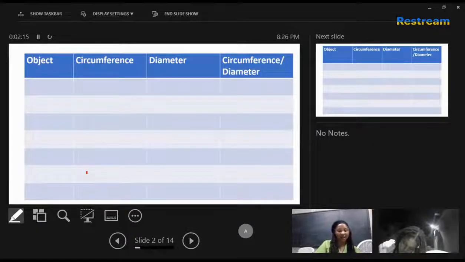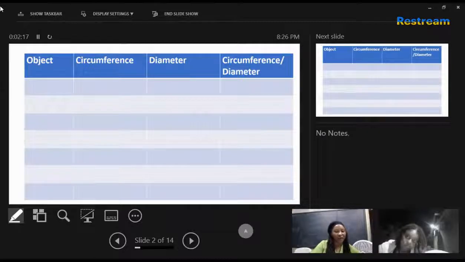All right, so Asar, I believe you have 5 objects. Tell me what they are.